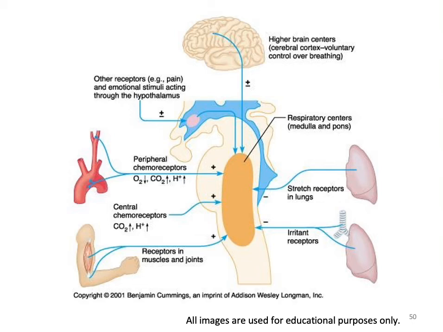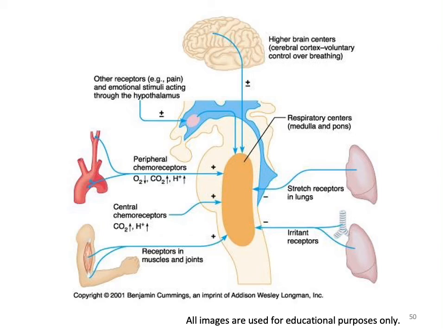Both receptors will send signals to the respiratory centers, and there are other receptors in the muscles and joints that also send signals to the respiratory centers, and the peripheral chemoreceptors, located in the carotid bodies and aortic bodies, and the central chemoreceptors located in the medulla.